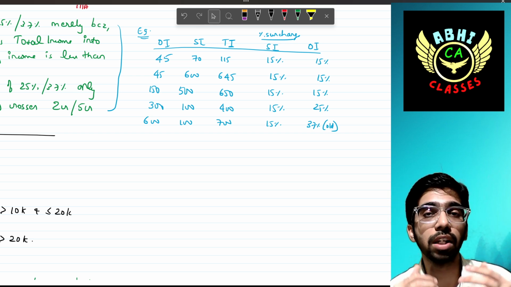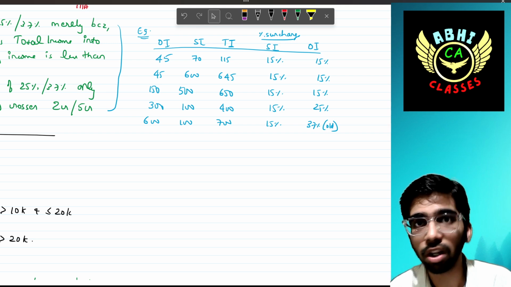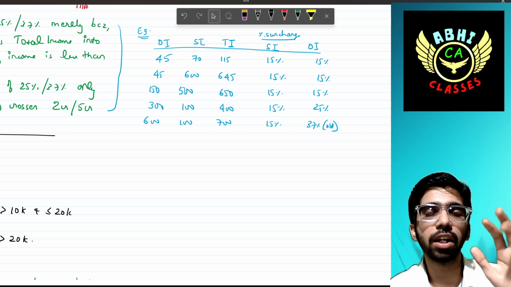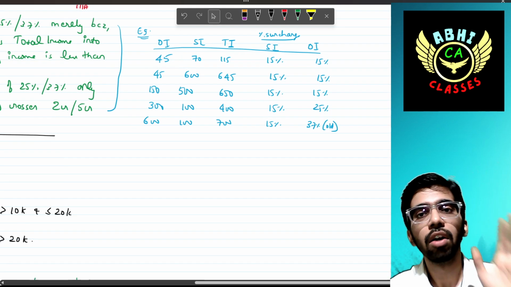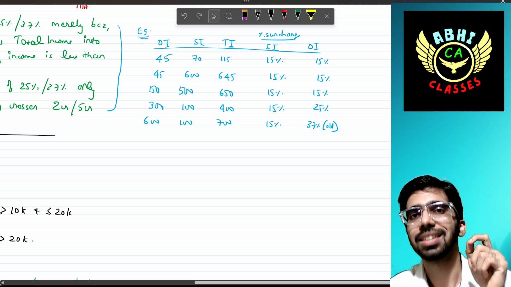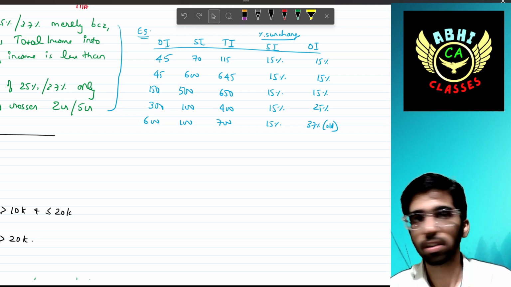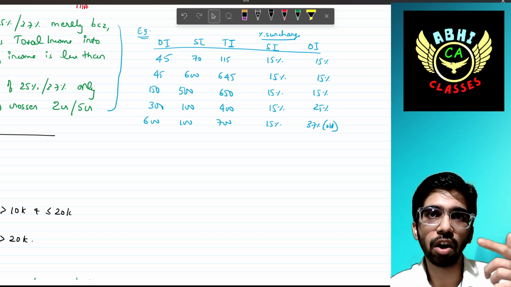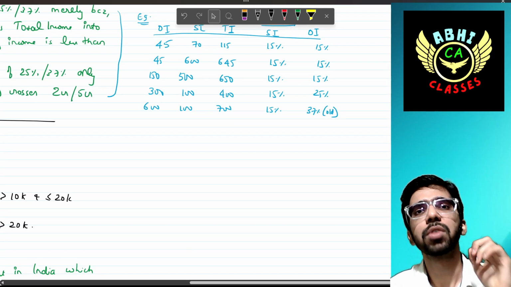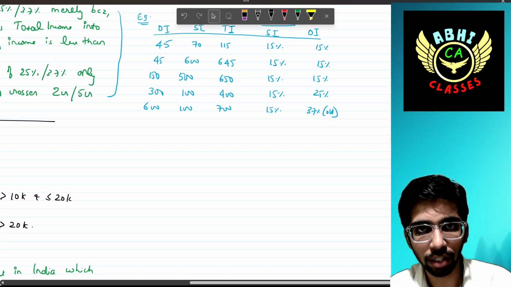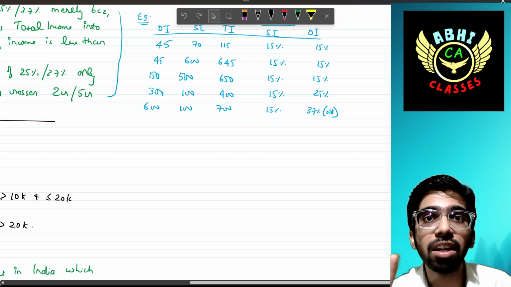Because total income is more than 1 crore, so to maintain equality, the government says that for special income, 15% is the surcharge. For other income, if you opt for the old tax regime, 37% is the surcharge, because it is more than 5 crore. But if you opt for the new tax regime, that is 115BAC, the surcharge is only 25%.